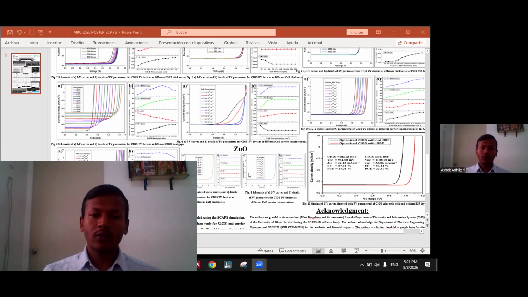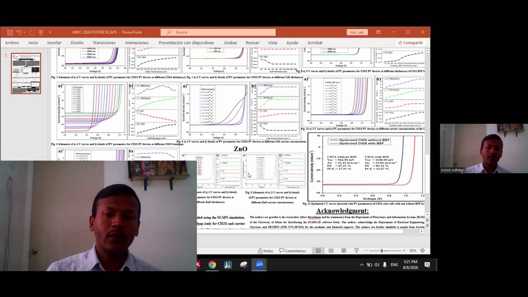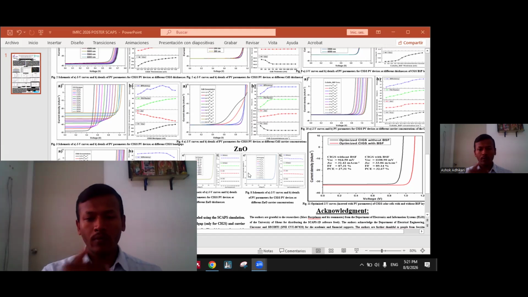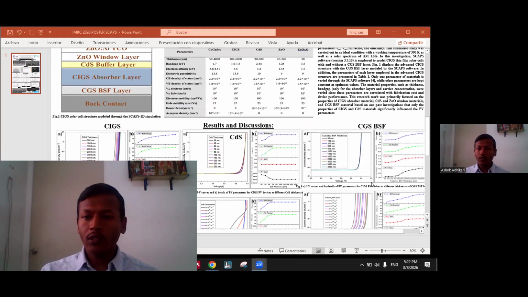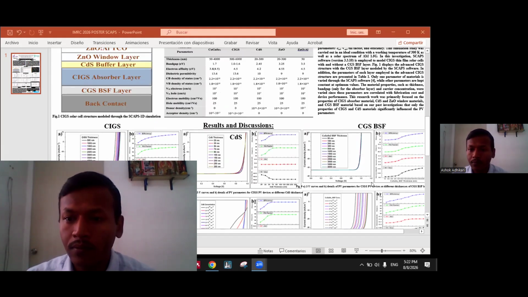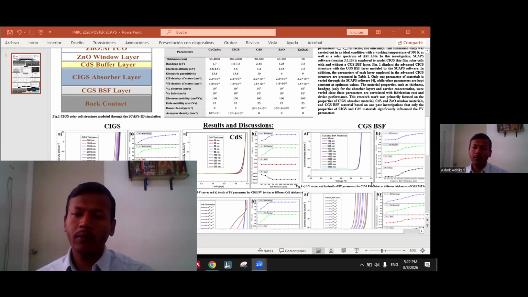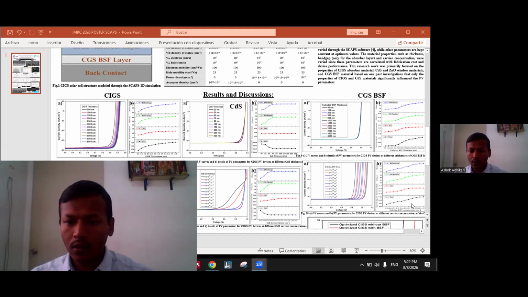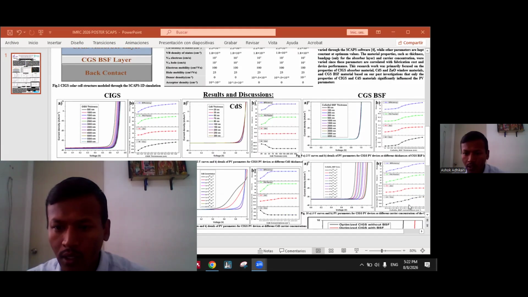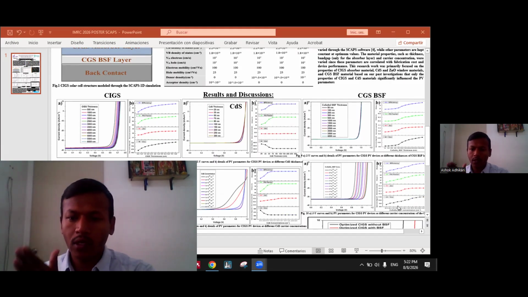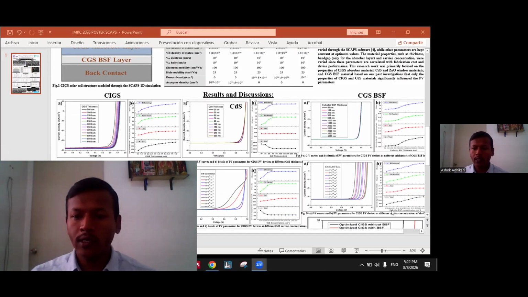However, the zinc oxide should be 550 nanometers and more transparent, similar to the CdS network. After that, we focus on the back surface field layer. We varied the thickness from 50 to 400 nanometers, and the carrier concentration from 10^13 to 10^19.